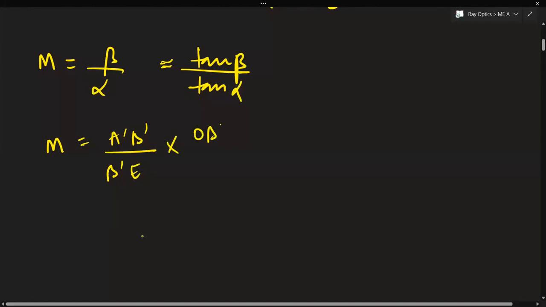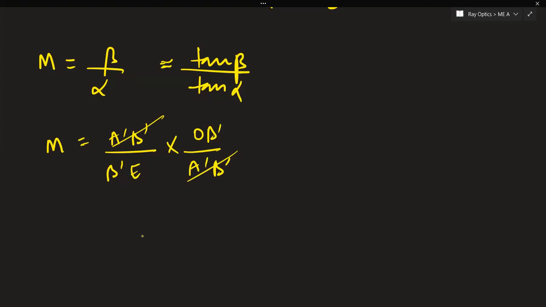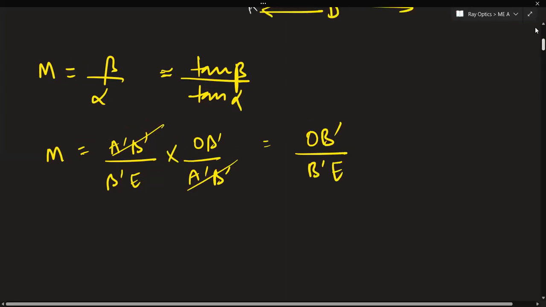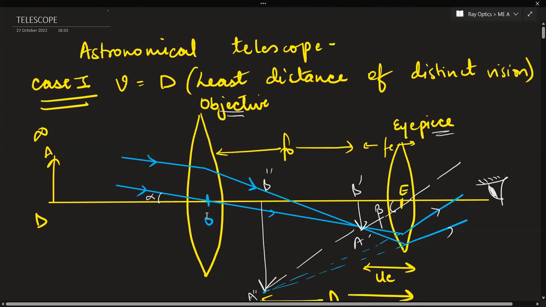So O B dash by A dash B dash. A dash B dash gets cancelled. Again, O B dash by B dash E. Same thing, same derivation, class. O B dash is what? See, this is O, this is B dash. This is the focus of the objective lens. And B dash E is UE, that is the object distance for the eyepiece.